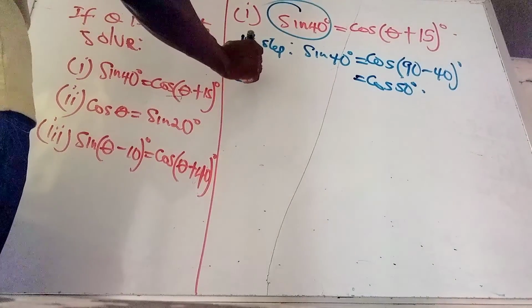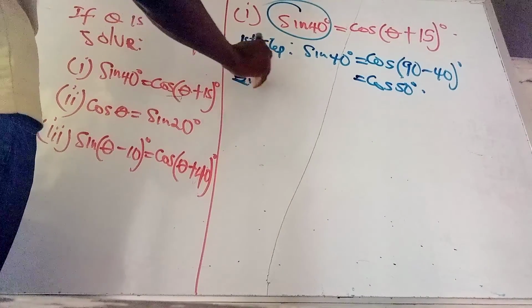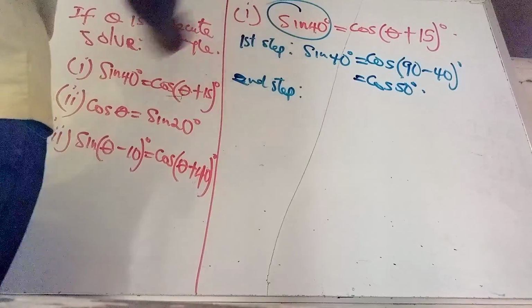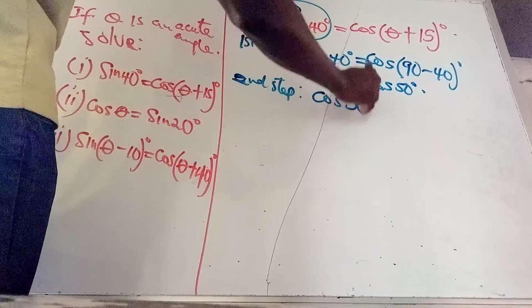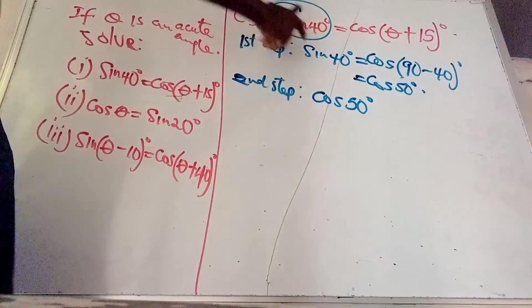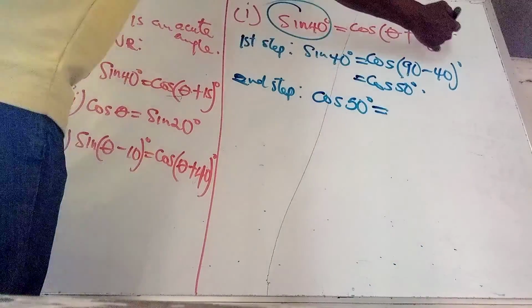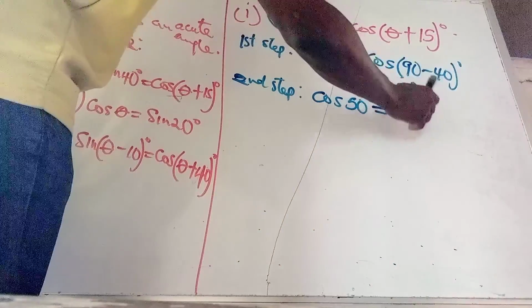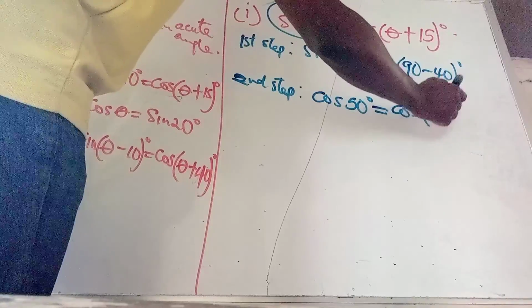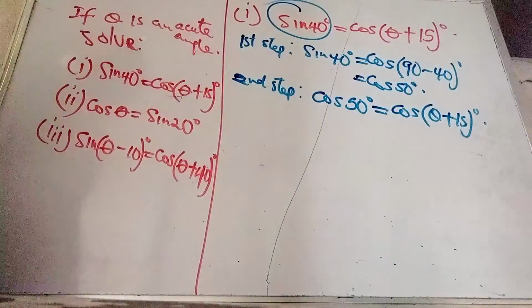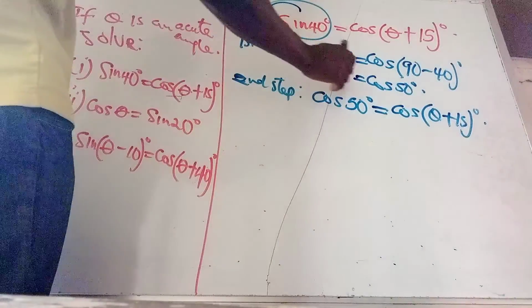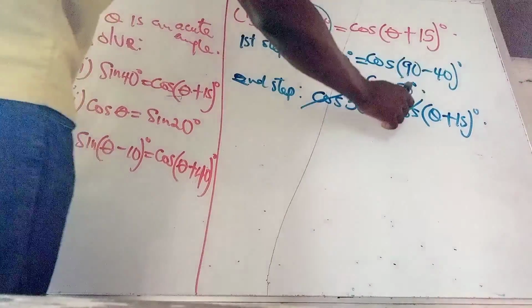So, next step, which is the second step, I'm going to have cosine 50 degrees replacing sine 40, equals what we are given originally, which is cosine of theta plus 15 degrees. Obviously, cosine will cancel out cosine.